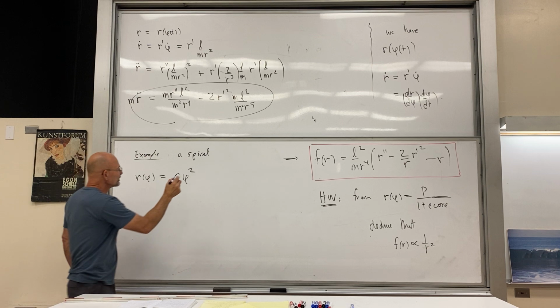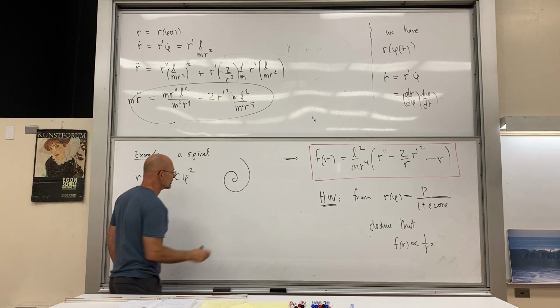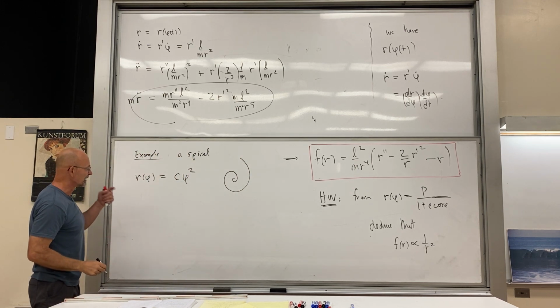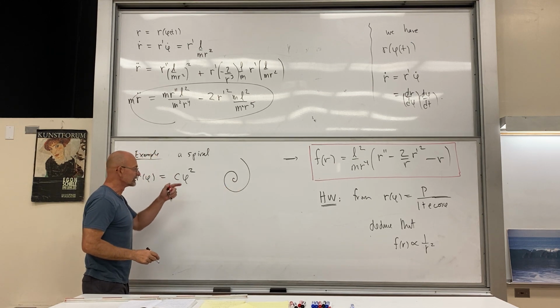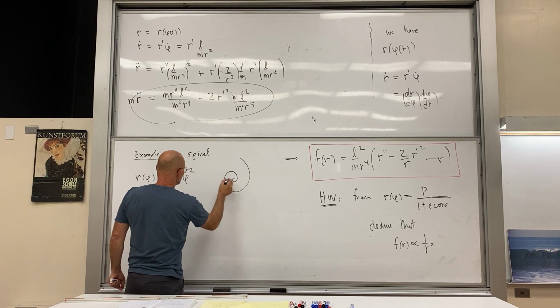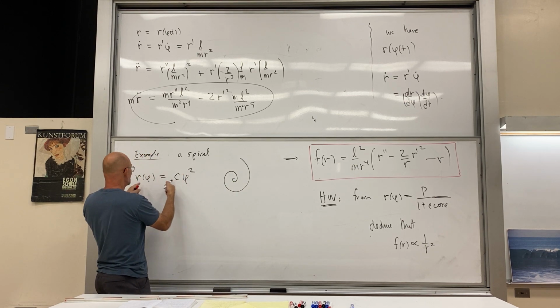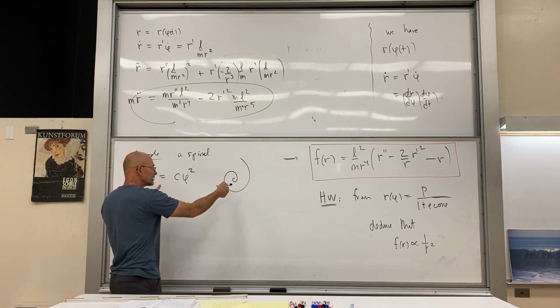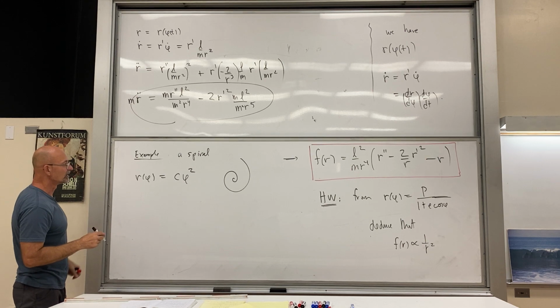That would mean that as we leave the origin, we're spiraling out. Okay. Or we could also be spiraling in, right? That's not what we said. Spiraling out or in, but as phi increases, the radial distance increases like this. Okay. So r is equal to c times phi squared.